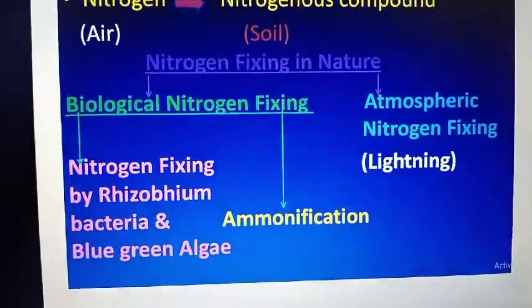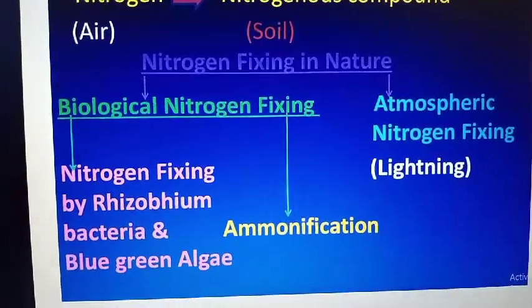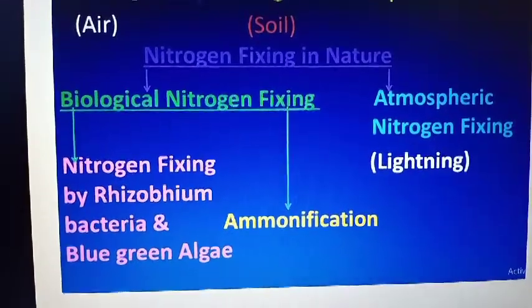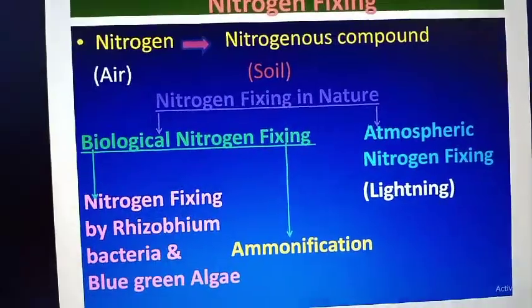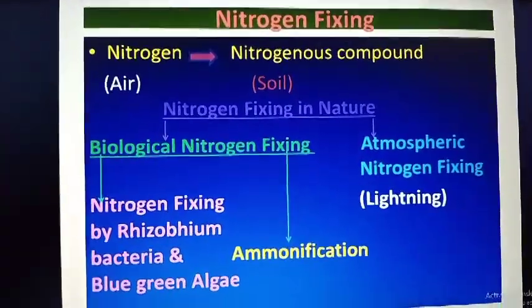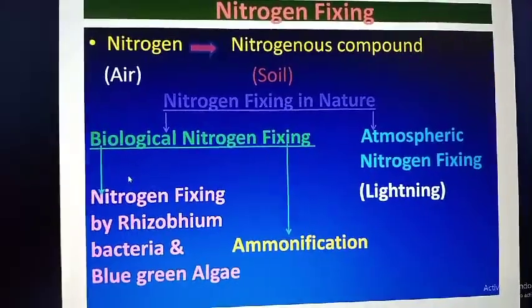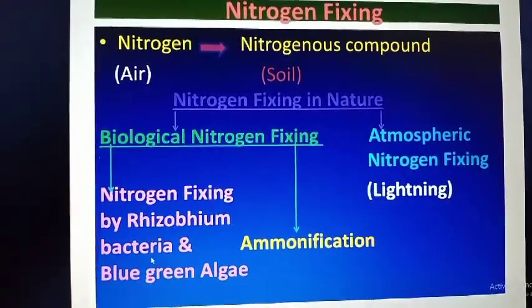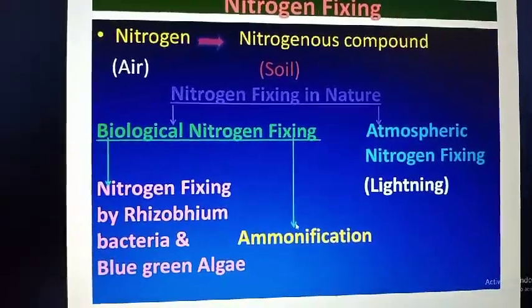We learned that nitrogen fixing in nature is of two types, that is biological nitrogen fixing and atmospheric nitrogen fixing. Biological nitrogen fixing is of two types: nitrogen fixing by rhizobium bacteria and blue-green algae, and ammonification.